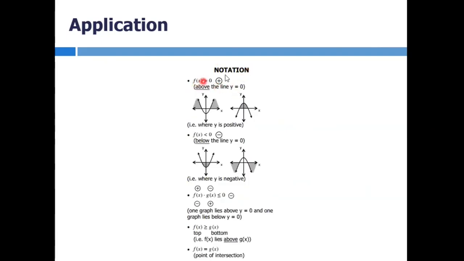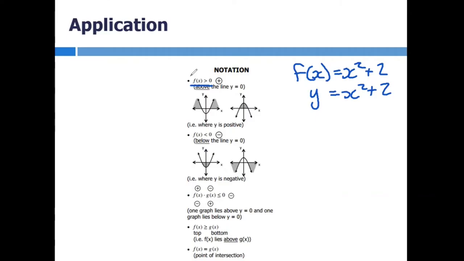Then notation, we've already touched on the fact that when I'm talking about f of x equals x squared plus 2, that is the same as saying y equals x squared plus 2. And the reason why that's important to understand is because what they're going to be asking a lot of now is they ask, where is f of x greater than 0? The reason why they use notation f of x, because remember our last question, we had 2 graphs on our picture.